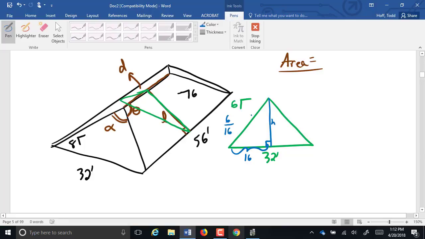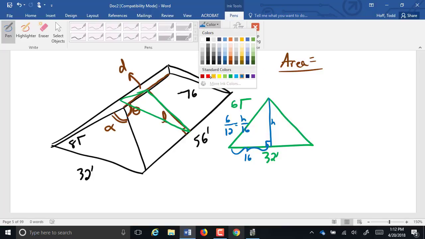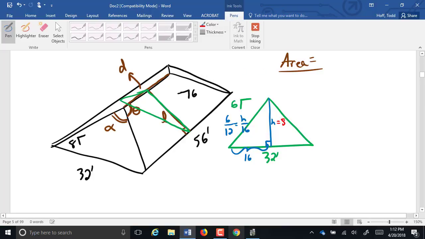Okay, we cut the 32 in half, gives us a run of 16. It is 6 over 12 equals that rise of h over 16. Gives us that h is 8 feet. Now we can find L. How do we find L? You got square root of.